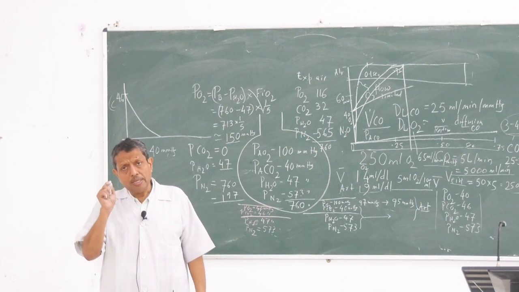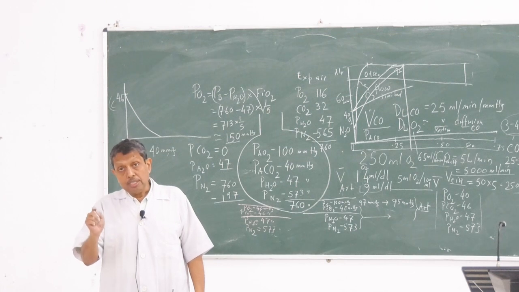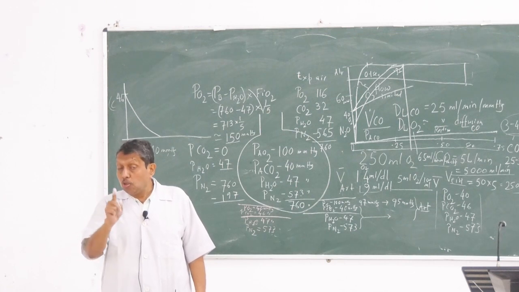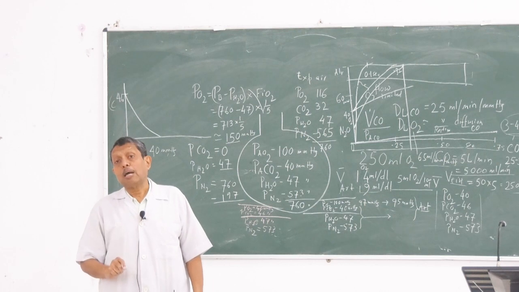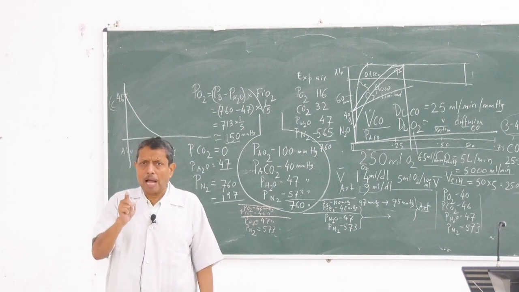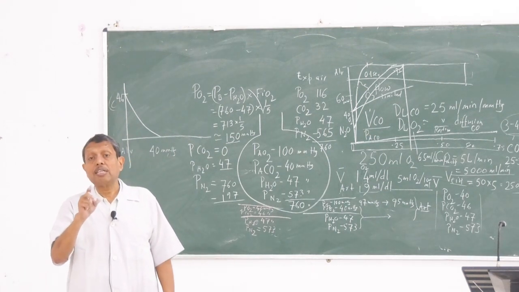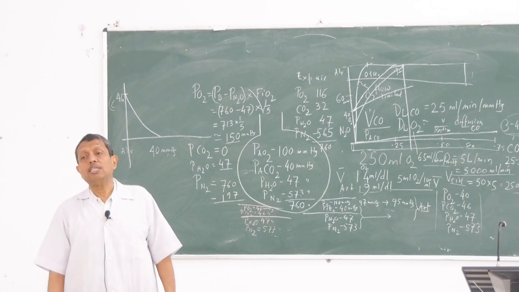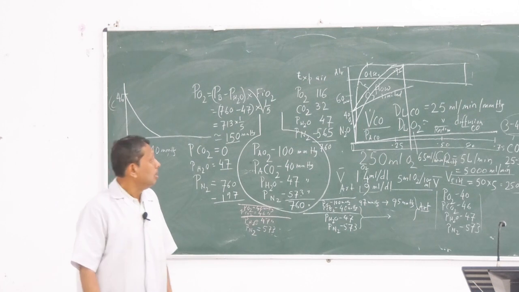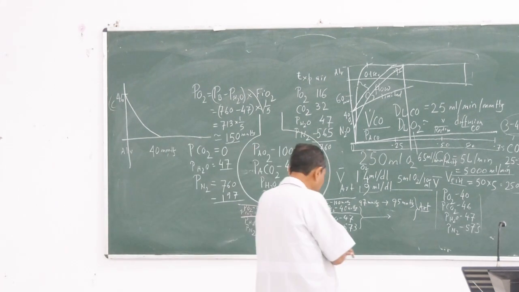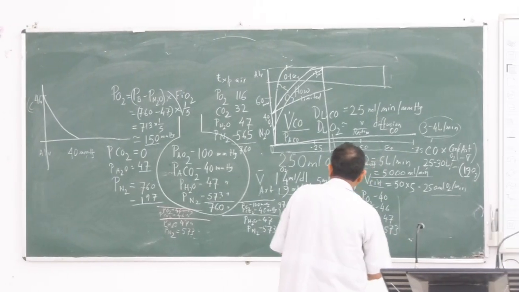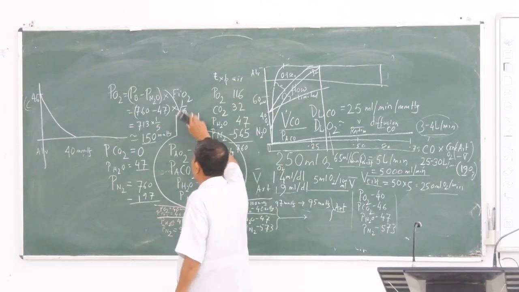In hypoventilation, there is lack of oxygen, PO2 declines, and PCO2 increases. But the PO2 decline can be prevented by supplying oxygen, not the rise in PaCO2. So the cardinal sign of hypoventilation is carbon dioxide accumulation, an increase in the PaCO2. Clear?